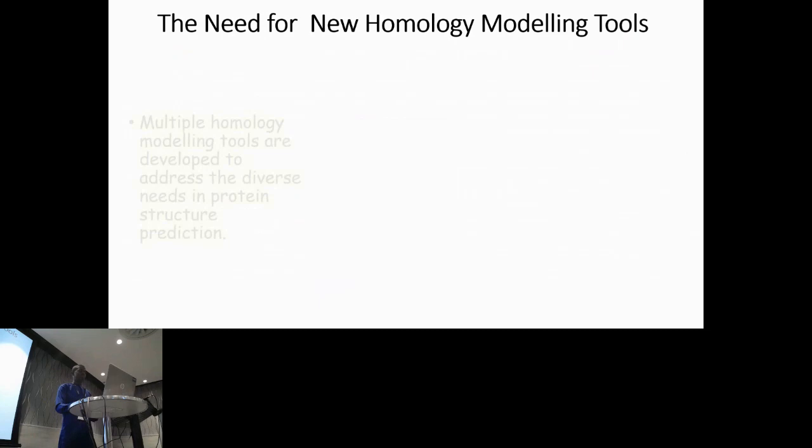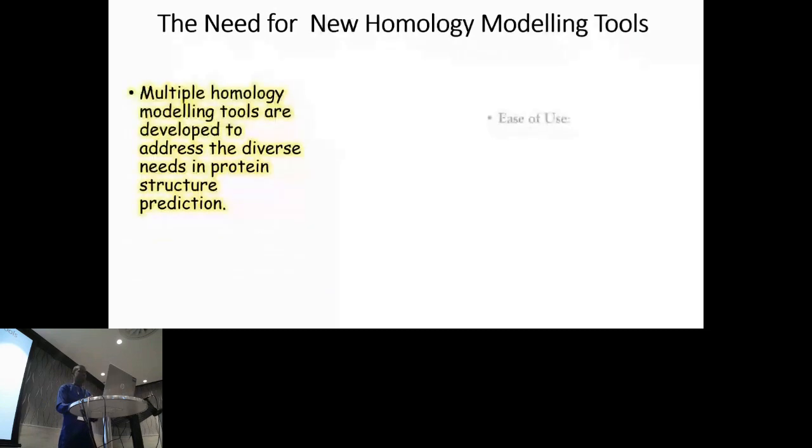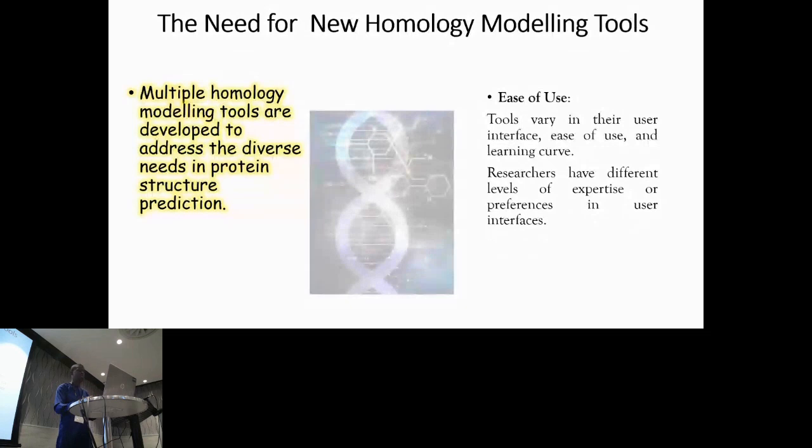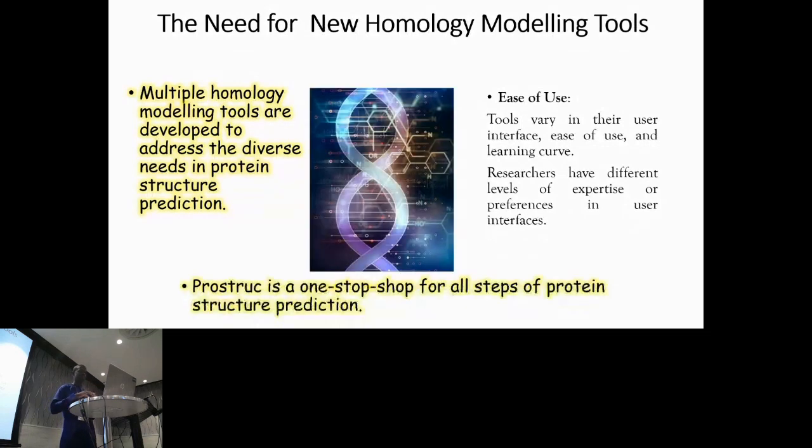So multiple tools exist, and the ease of use was our focus. So regardless of where you are in bioinformatics, your level of expertise, you should be able to use Prostruc. That was also something. And like I said, a one-stop shop for all the steps of protein structure prediction.